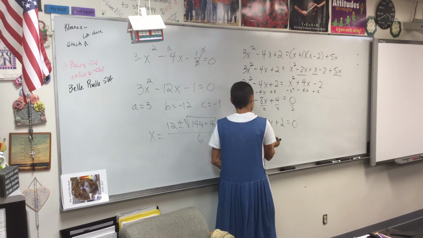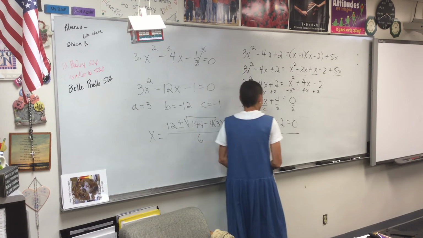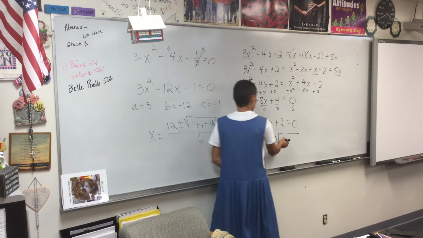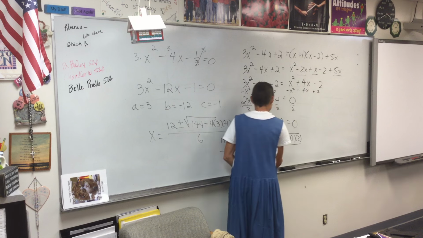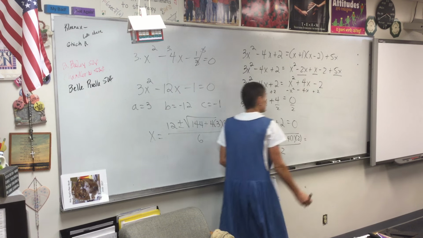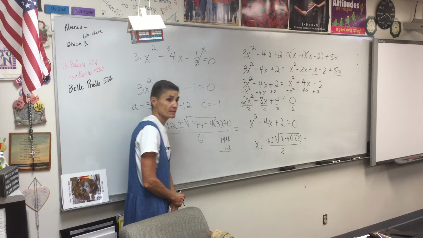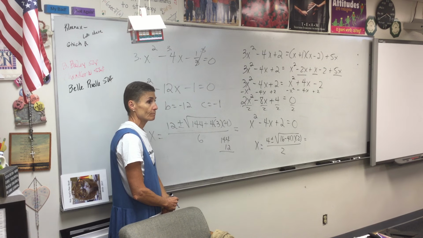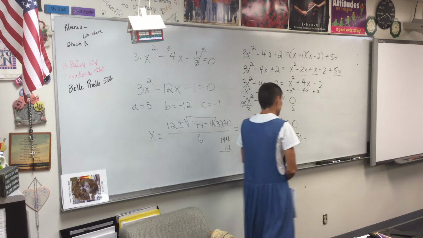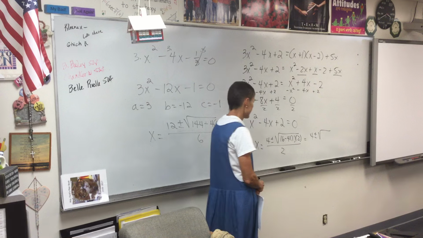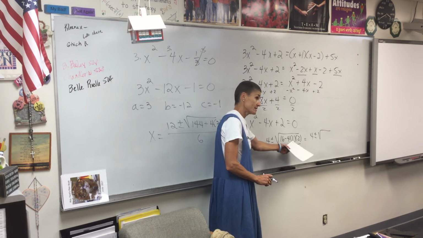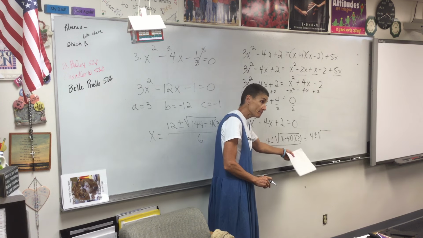X equals negative b plus or minus the square root of b squared minus 4ac all over 2a. I do not have a double negative this time. So I'm going to subtract. So 4 plus or minus the square root of what? 16 minus 8.